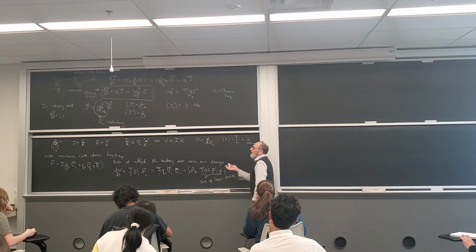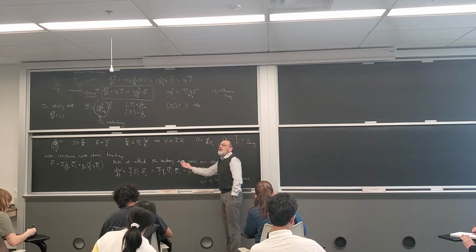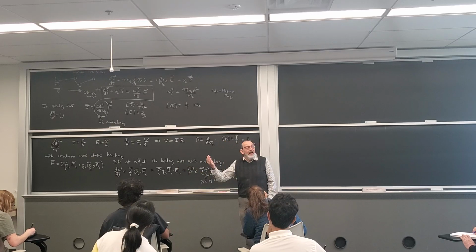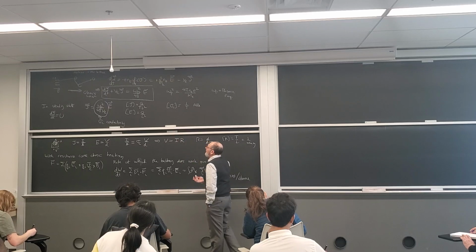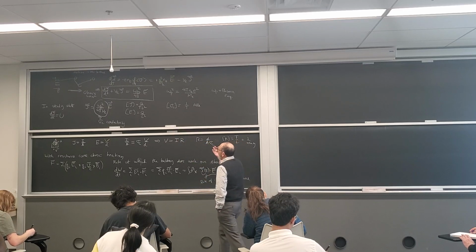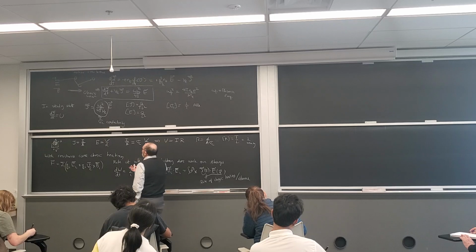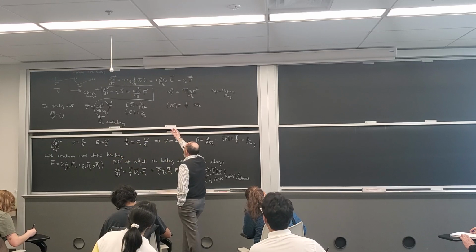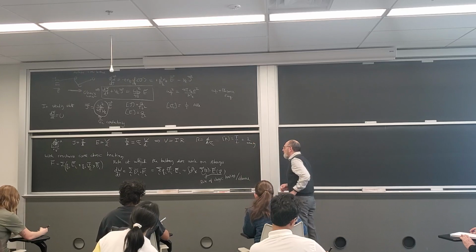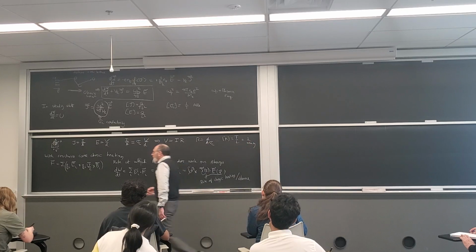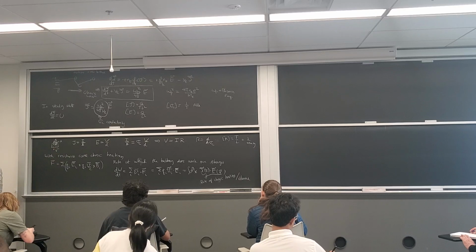That's how much power is being dissipated by the resistor in this context, okay? Because it has to be dissipated in this steady state. There's no more energy going in, the energy in is coming out. All right.